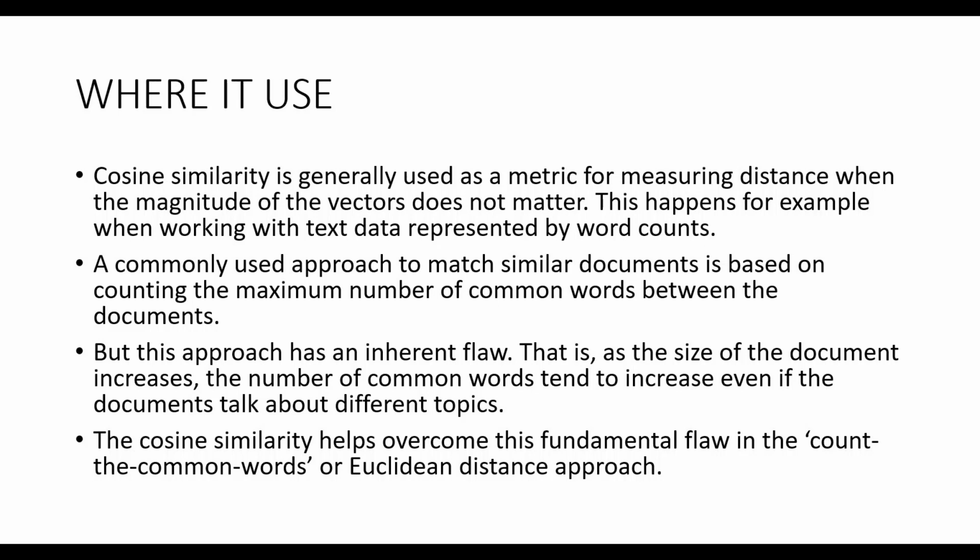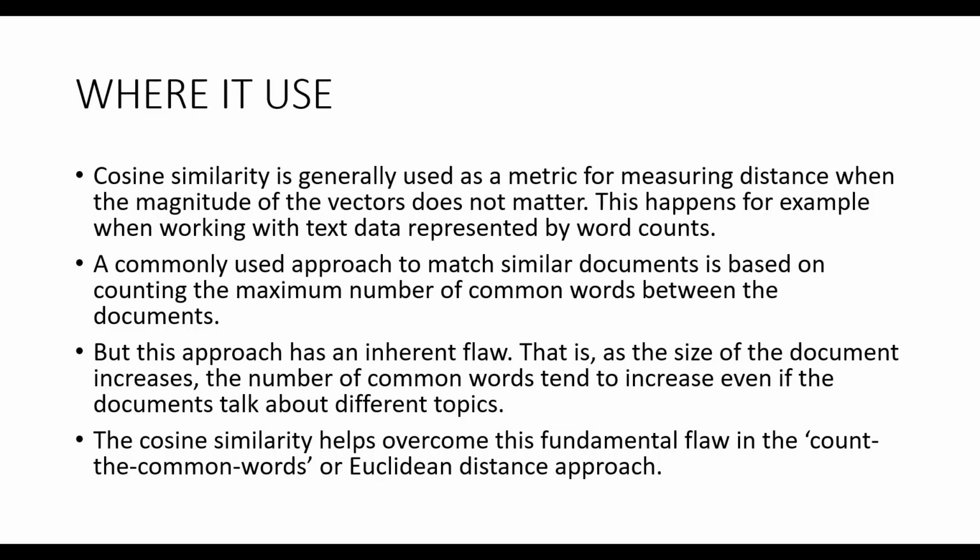This happens, for example, when working with text data, where the magnitude is not important. So you use the cosine similarity algorithm when the magnitude is not important.